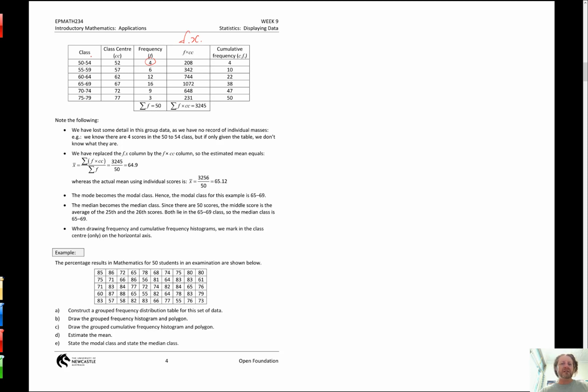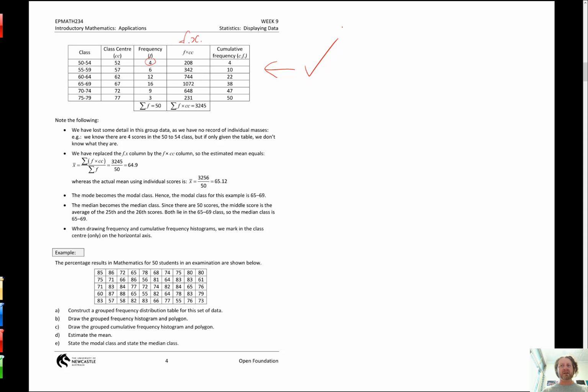Say that I didn't have the exact raw data from the previous page and all I was given was this. This is all I had. Then the truth is, I know there's 4 scores between 50 and 54, but I don't know what they are. Maybe they're all 50s, maybe they're all 54s. So I've got to do a bit of an estimate. And what we do in this case is we pretend they were all in the middle.